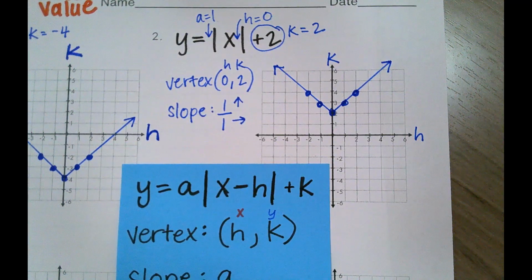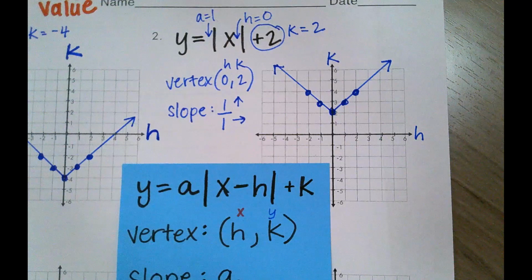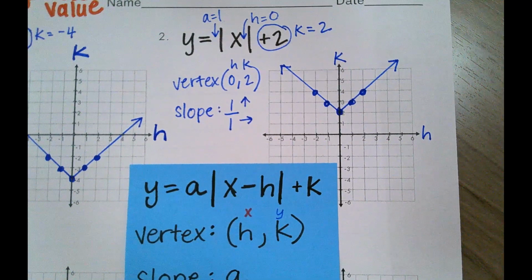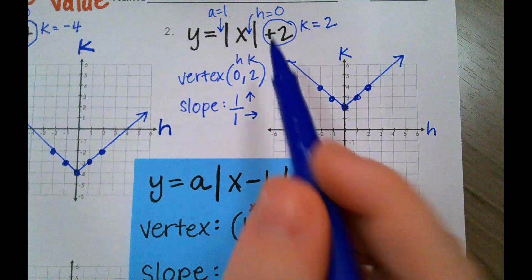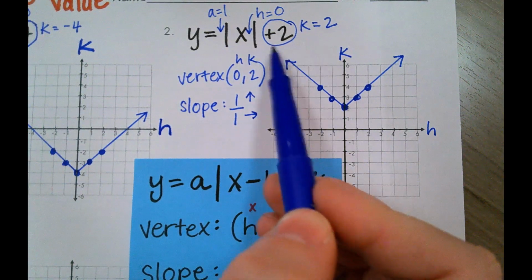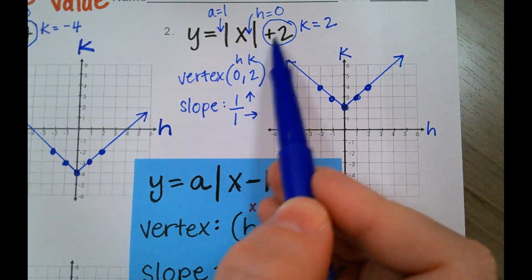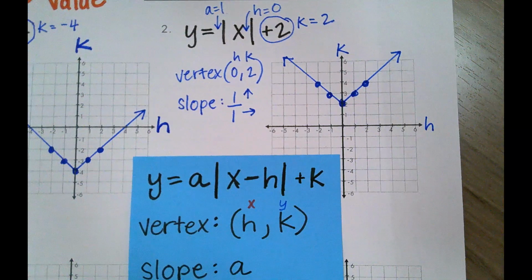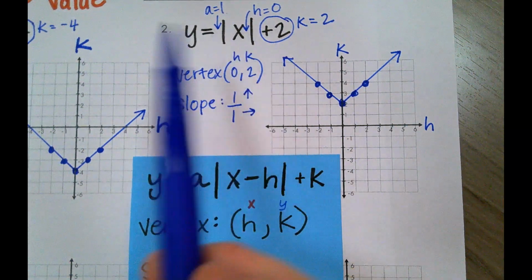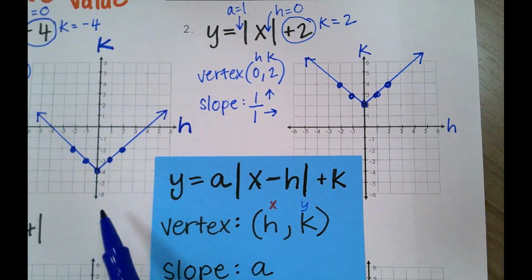Nice. So this is what we did yesterday, except yesterday I didn't tell you about vertex and slope. We just talked about how a plus something on the outside here for your A makes your graph move up. If it was minus something, it makes that graph move down.